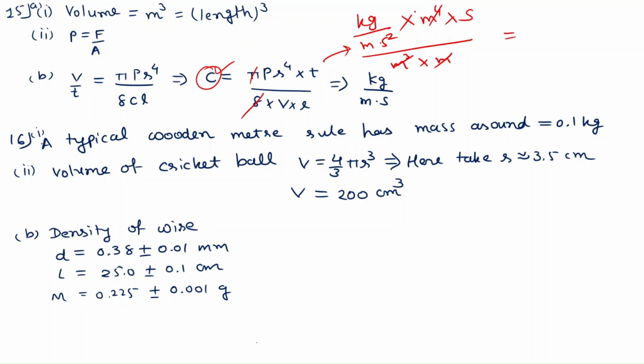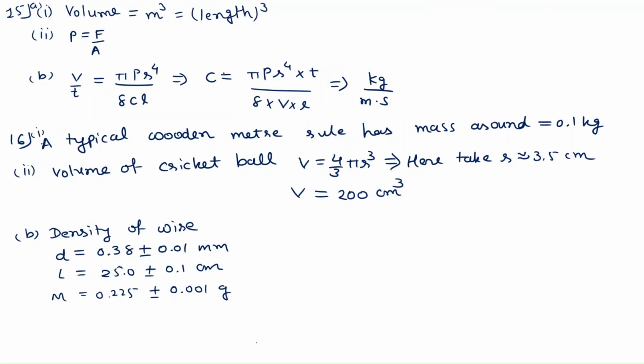Cancel it, and you get kilogram in the numerator, and in the denominator you get meter times second. This matches the answer, so the unit of C is kilogram per meter second.